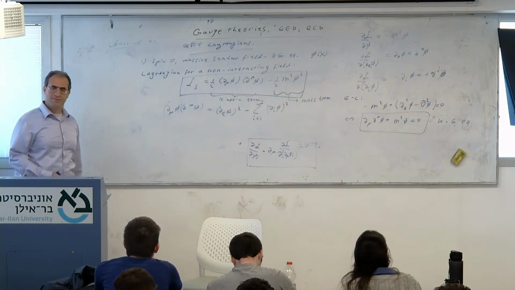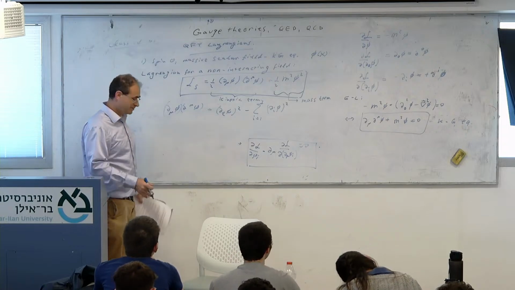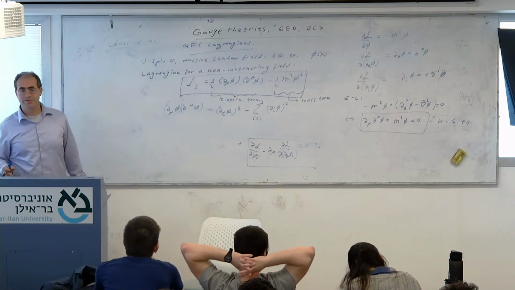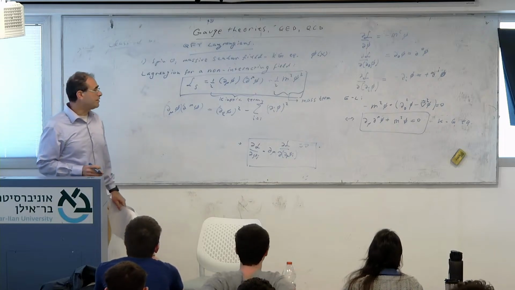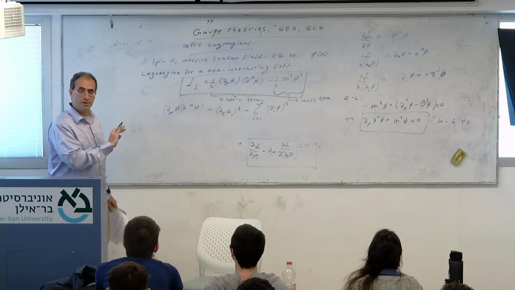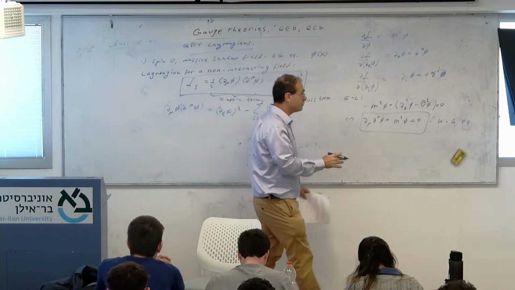Cool, isn't it? Questions? Wait until we get to the interactions. This is the Lagrangian for a free particle. There's no interaction, it's just the particle itself, because Klein-Gordon represents a free particle.